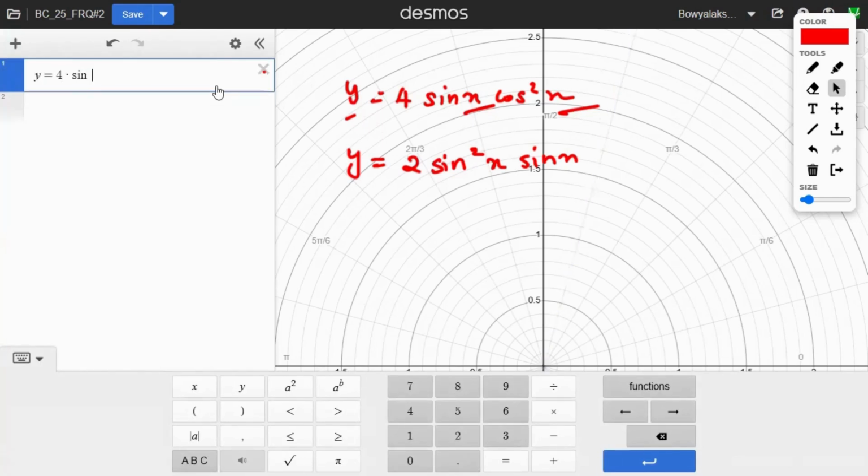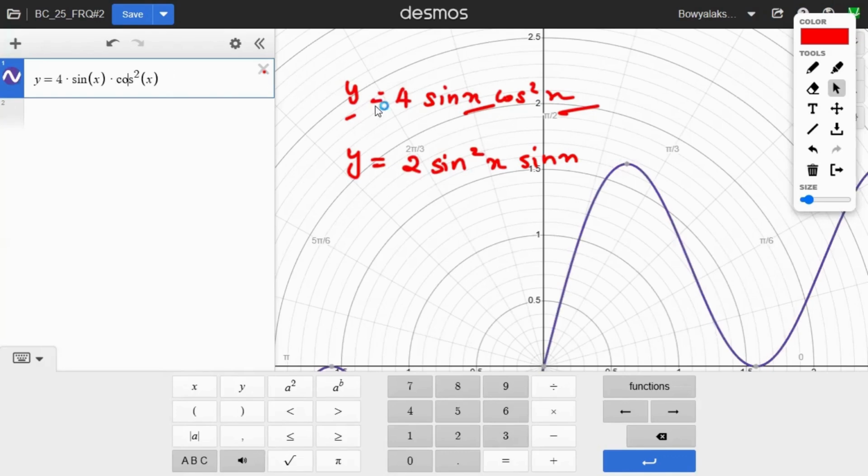4 times sine x times cos square x. Here, let's use the parentheses to avoid it. Again, 4 sine x cos square x. See, we got the curve.